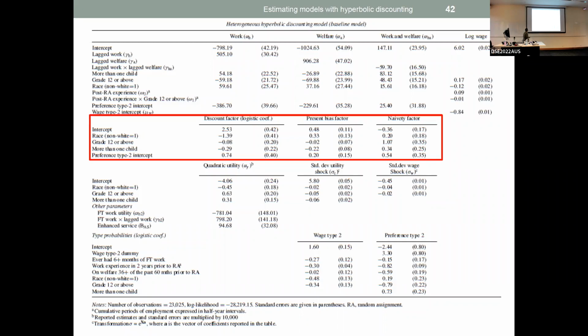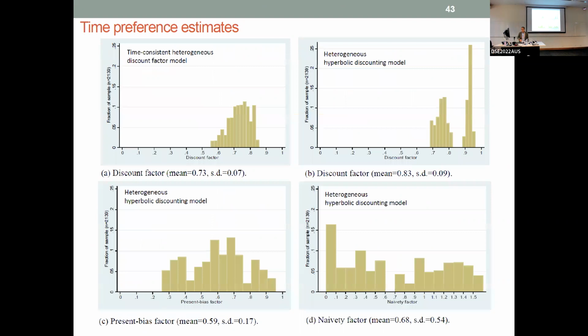And the type probabilities are endogenous because of this initial conditions problem. So there's some random assignment characteristics that determine the ability type and the preference type, and the ability type and the preference type can be correlated. I remember that they're possibly correlated. And so all these are estimated.